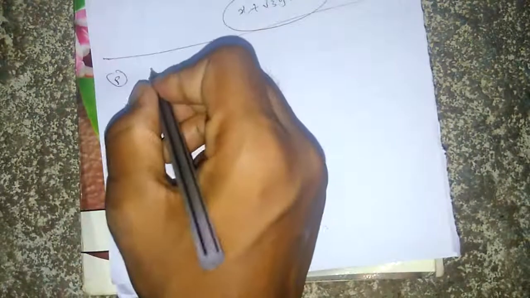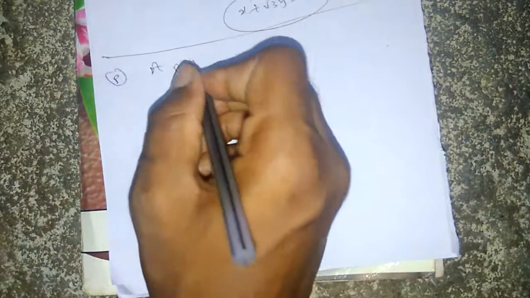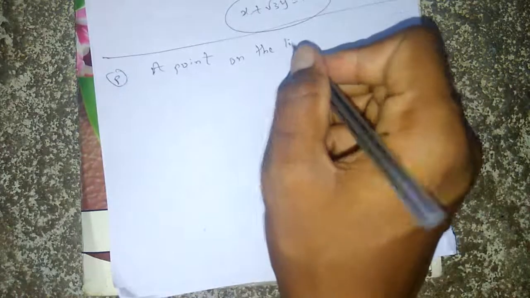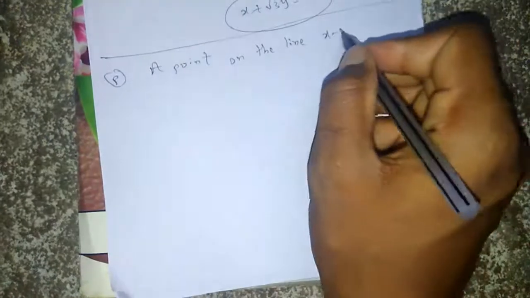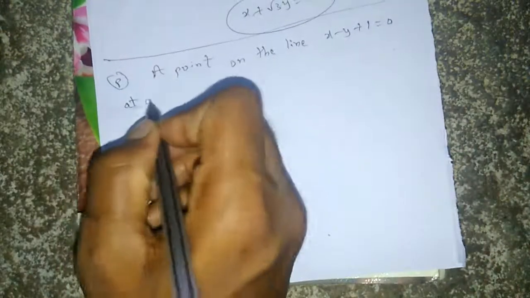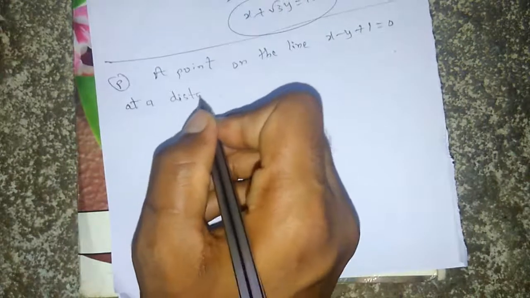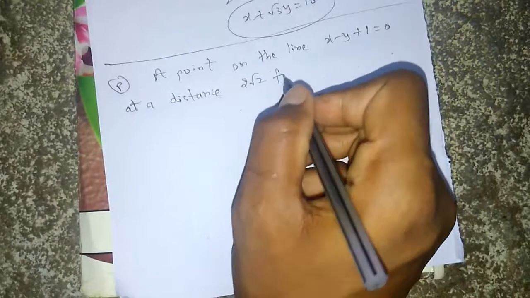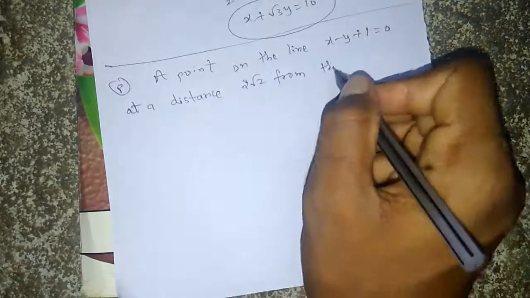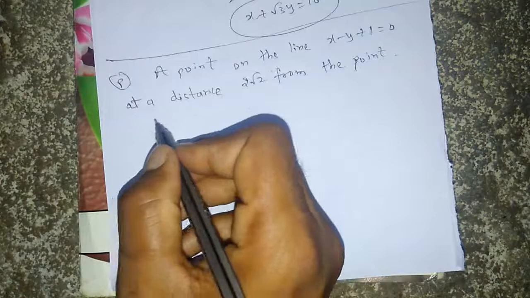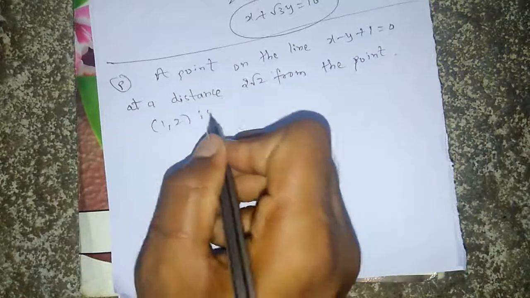Next problem: a point on the line x minus y plus 1 is equal to 0 at a distance 2 root 2 from the point (1, 2) is.